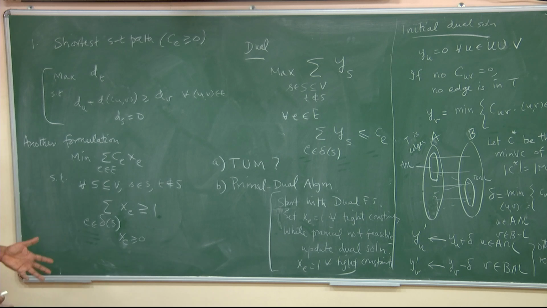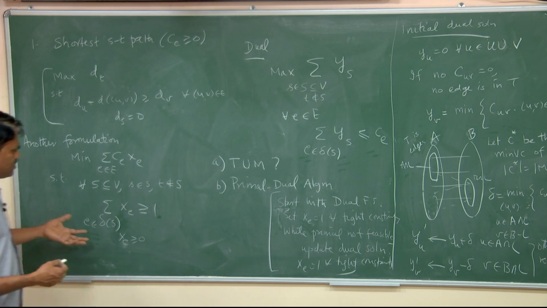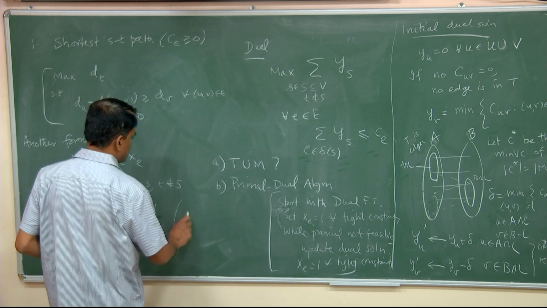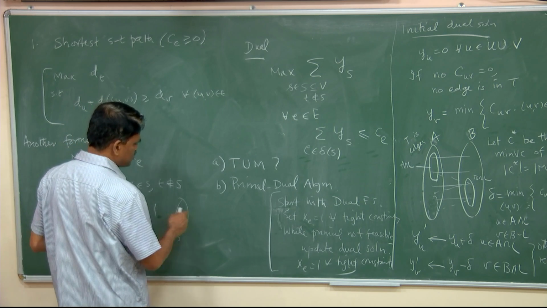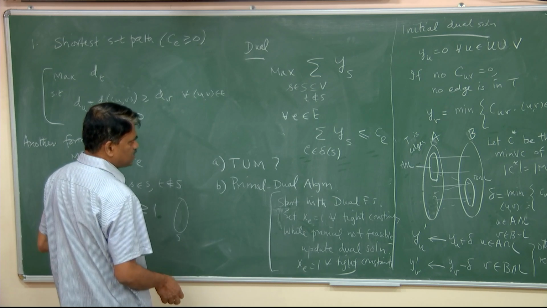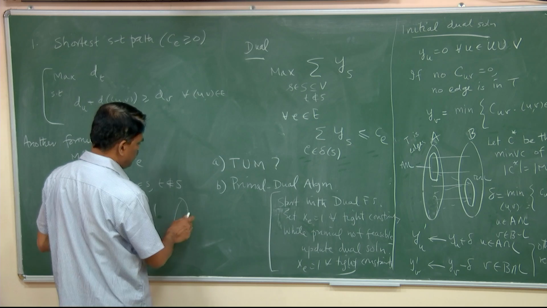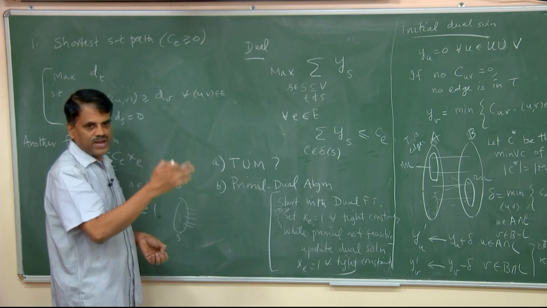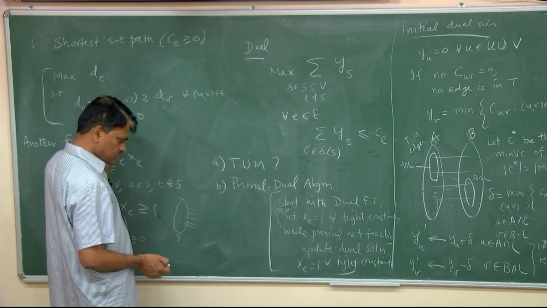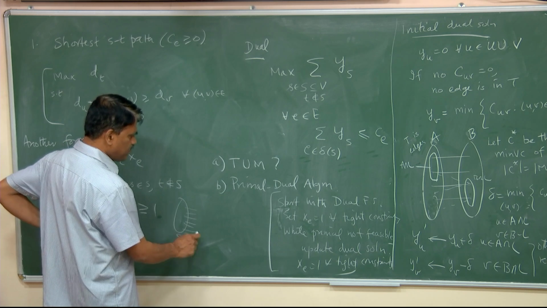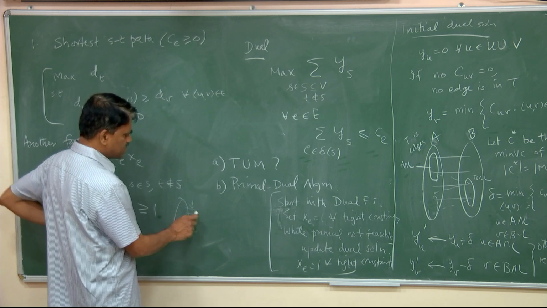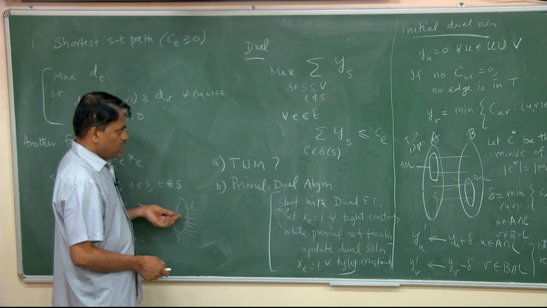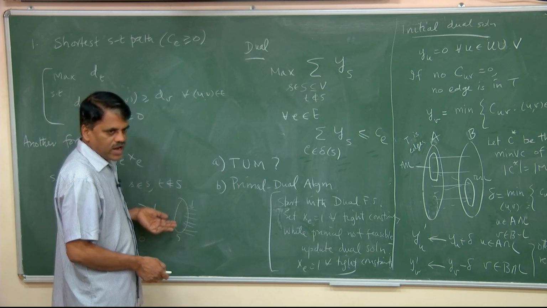So this is sort of saying, I have some cut set which violates my constraint. There is no edge coming out of it. So I go to my y_S value and I increase it. How much can I increase it so that I still remain dual feasible? Look at the minimum capacity edge out of that set and make my y_S equal to that.